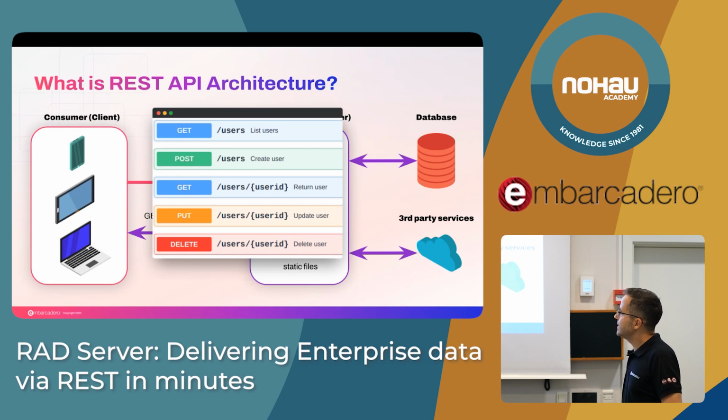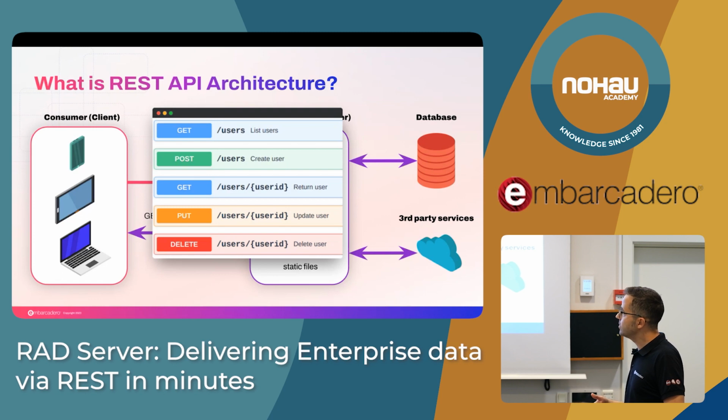So here we have an example of what is called a URI. On the left, you will have an IP or a domain. So let's say mydomain.com/users. We would send a get request, and then we will get a JSON file with a list of all the users.